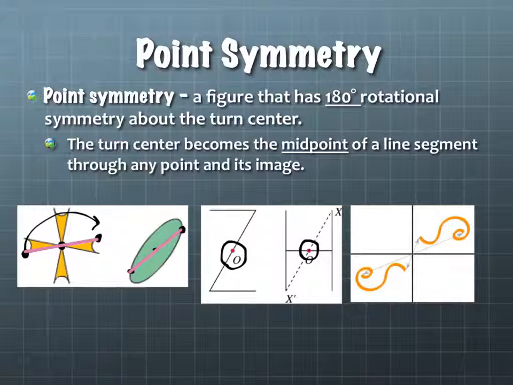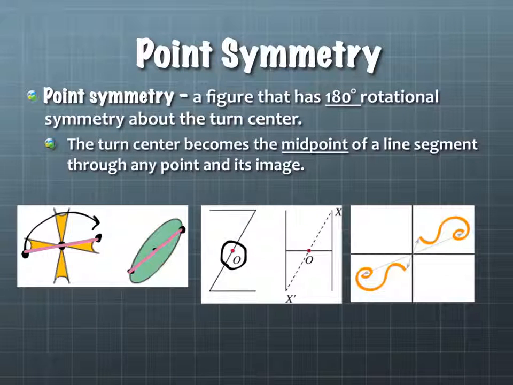This one's a really interesting shape because for all the shapes that I've done so far, the lines I drew actually connected part of the shape to itself. And you can see that this line, it doesn't, right? It's not actually part of our shape. But it still creates a segment, and the turn center is the midpoint of that segment, even though the segment itself is not on the shape. And the last one does the same thing. We've got this very interesting shape.